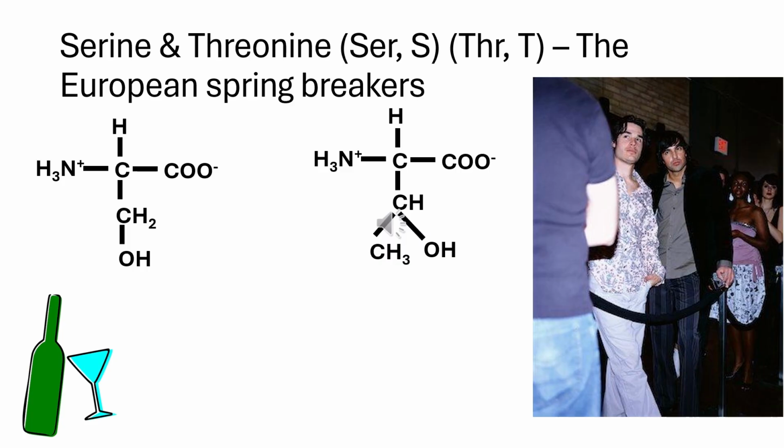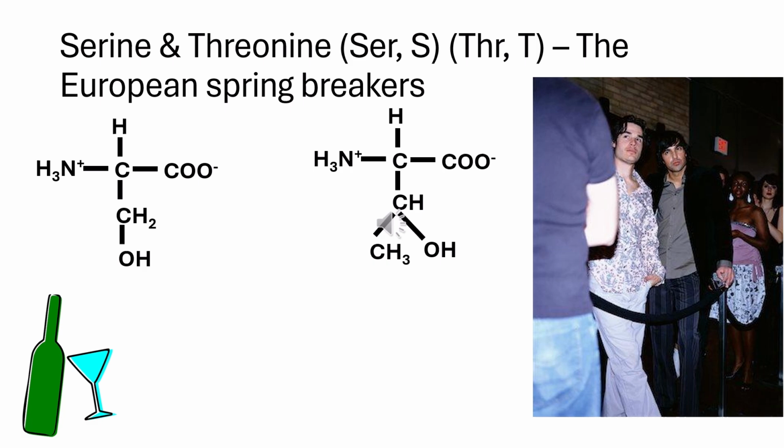Serine and threonine. They're here in America on spring break and they are here to party. So hopefully you can remember the alcohol groups. And they're brothers. Serine is the younger brother, threonine is the older brother. Serine is not very balanced. He's all about partying.